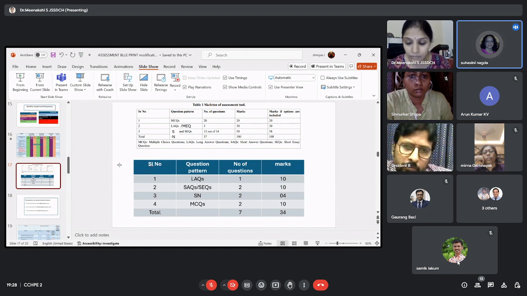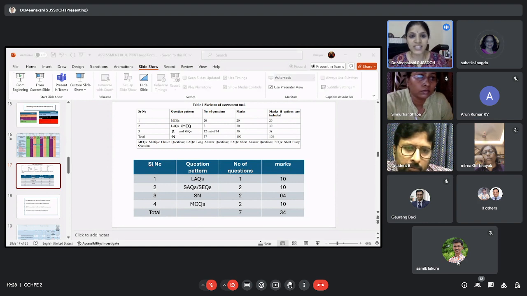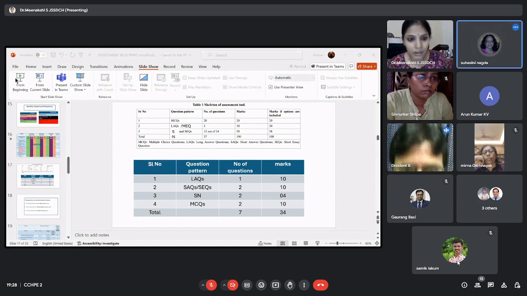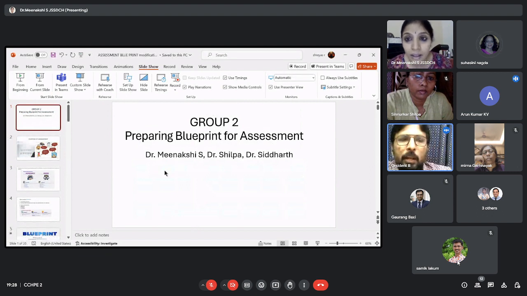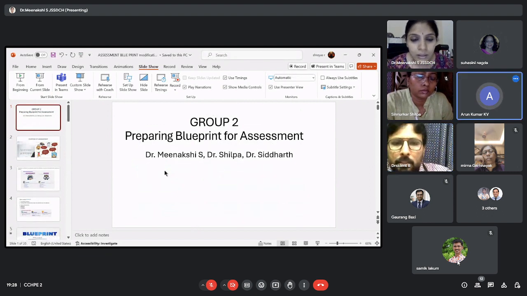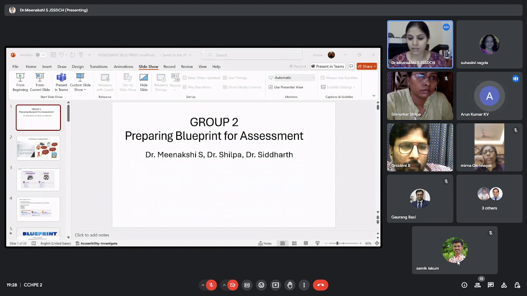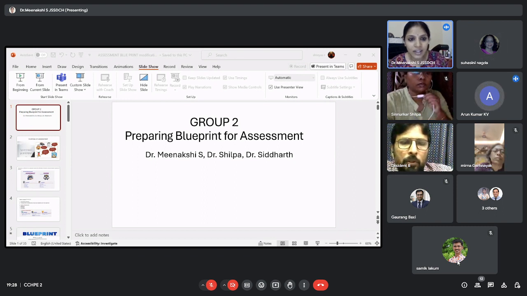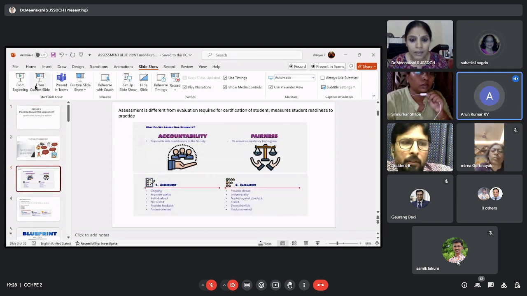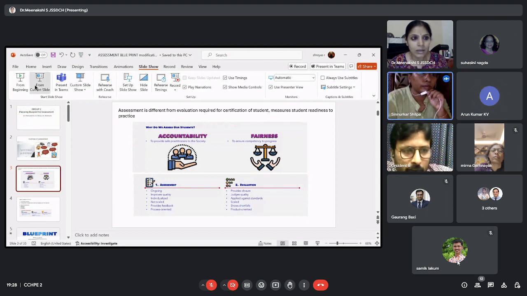Meenakshi, please make the slide bigger, no? They're very difficult to read. Ma'am, is it seen? Madam, increase the zoom percent. Ma'am, click from current slide. From the second one. Is this okay, sir? Is it seen? You have to click the second one.